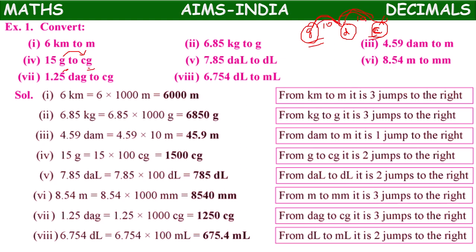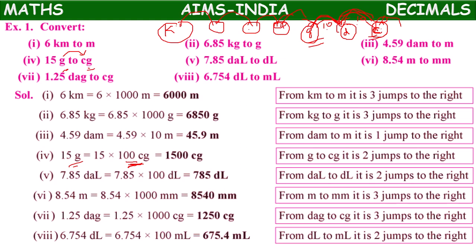As we are moving 2 steps, 10 into 10, 100. So 1 gram equals 100 cg. How have we taken this? In yesterday's class, we discussed this value change from kilo to hectare, hectare to deca, deca to unit, unit to deci, deci to centi, centi to milli.